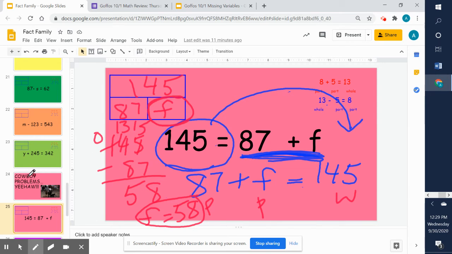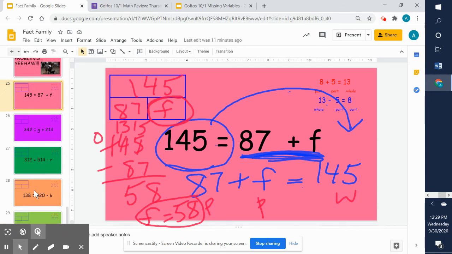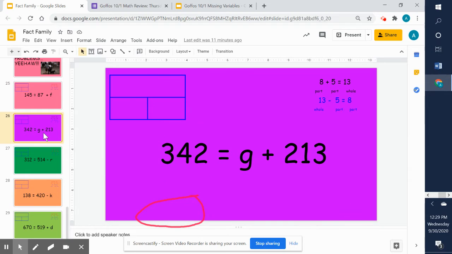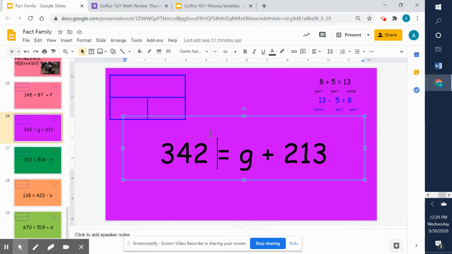All right, so let's try another one. So you have 342 equals g plus 213. And again, the first thing I see is that my equal sign is on the wrong side.